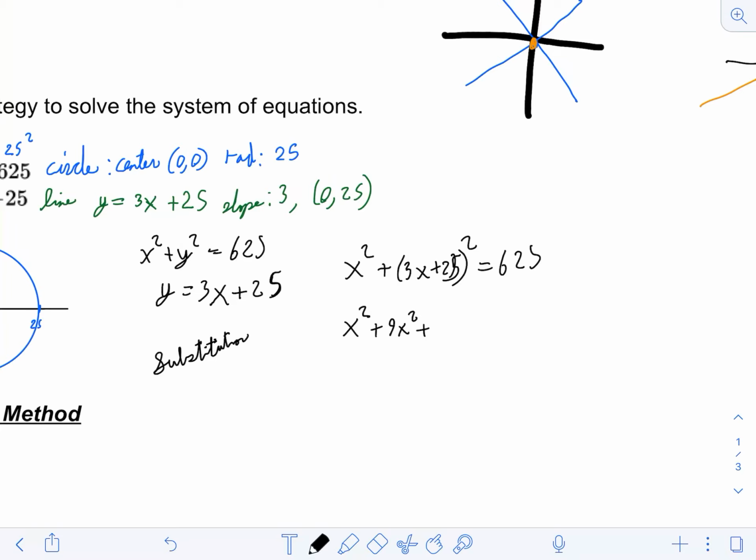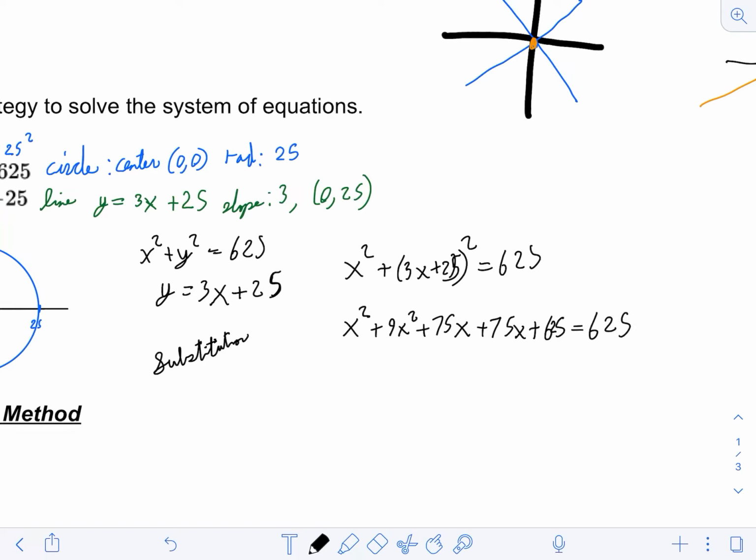Let me make sure you see this. 3x times 25 is going to be 75x, plus another 75x plus 625 all equals 625.